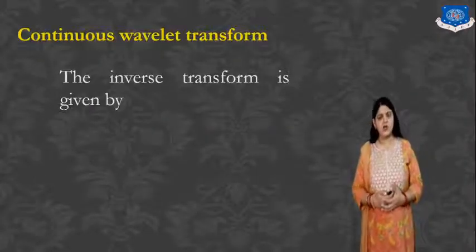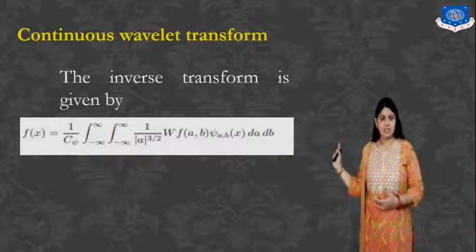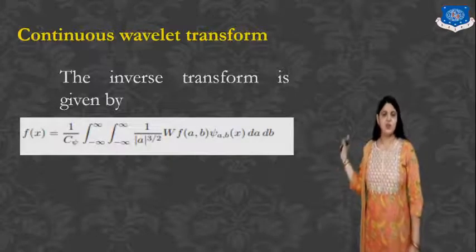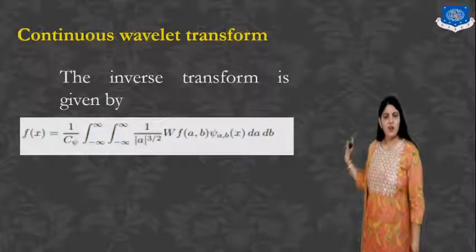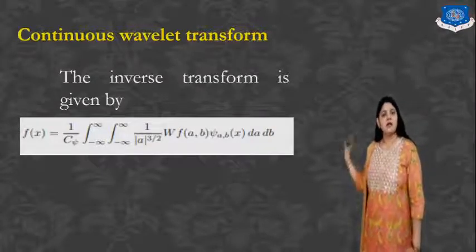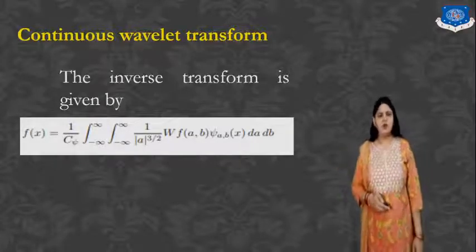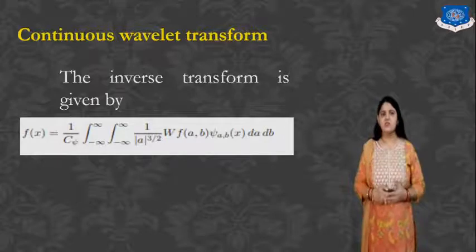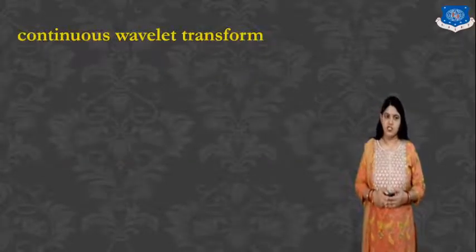The inverse transform is denoted by f(x) equals 1 upon C psi, the integral from minus infinity to infinity, again minus infinity to infinity, of 1 upon a raised to 3 by 2, W f(a,b) psi(a,b)(x) da db. So here we get the inverse wavelet transform of the continuous function.